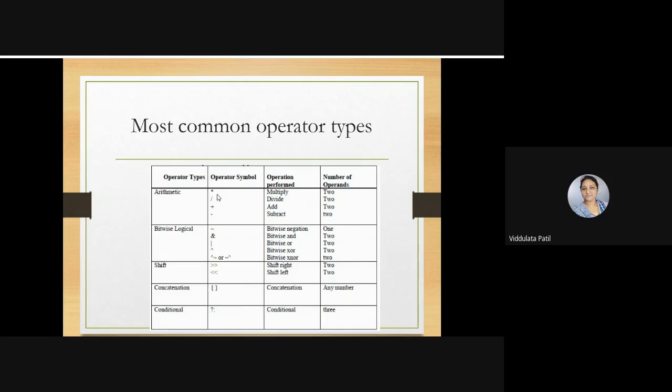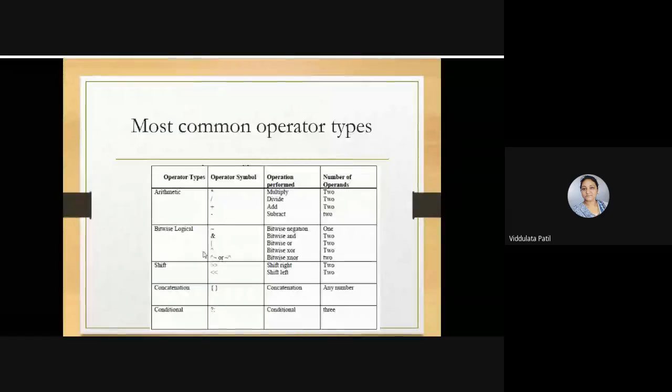We have different symbols. Star is for multiply, and here two operands are required. Then slash is for divide, plus for addition, minus for subtraction. These are the symbols used for arithmetic operations.